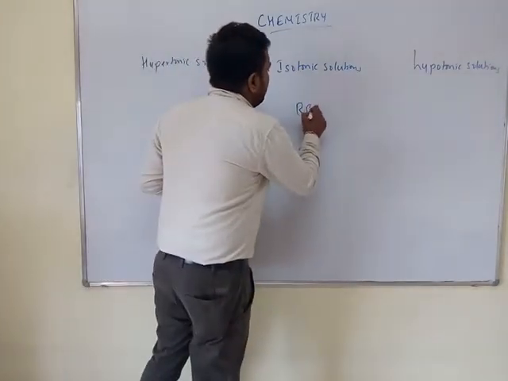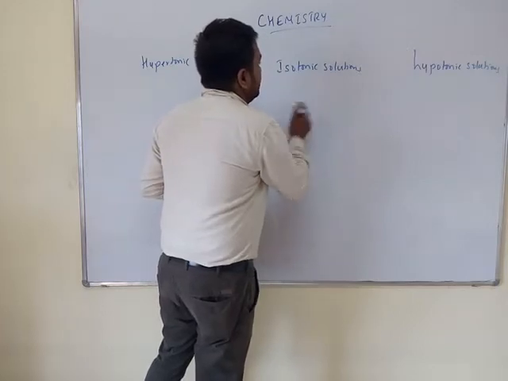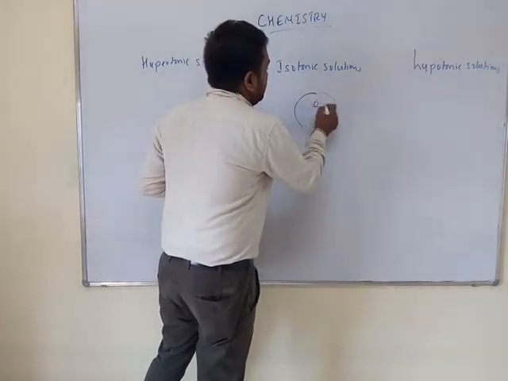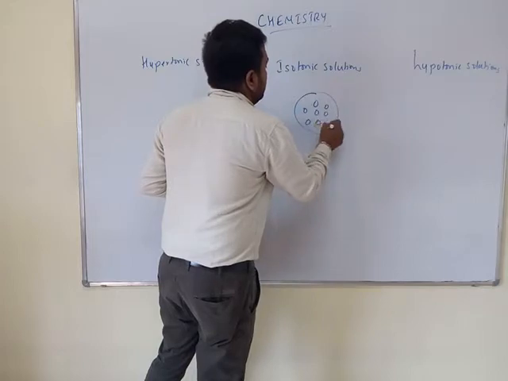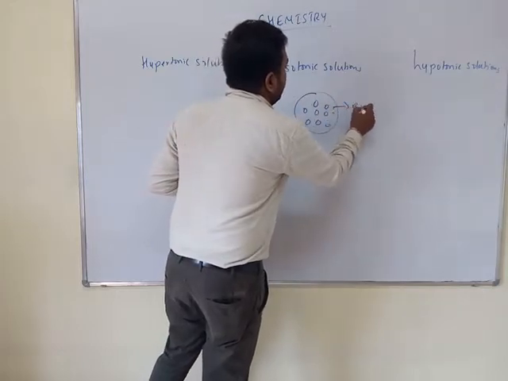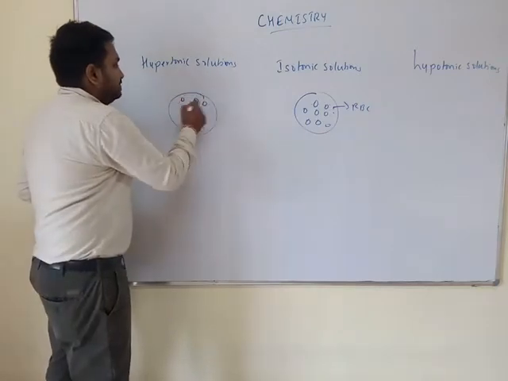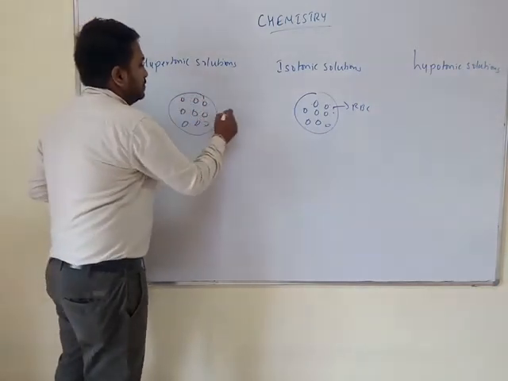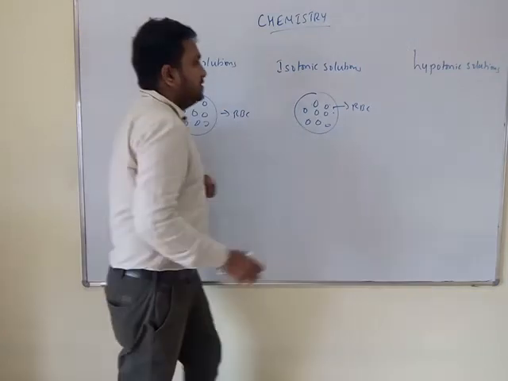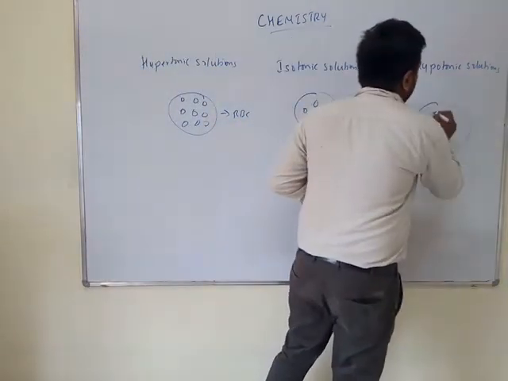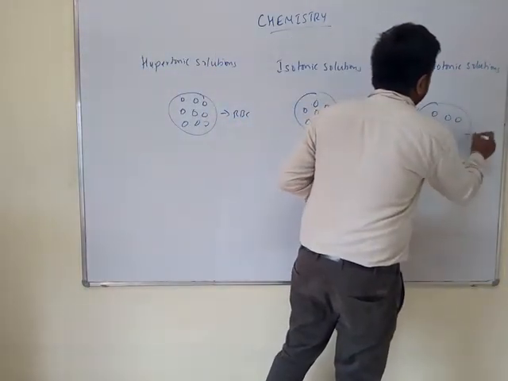Let us take red blood cells initially in a plate, clear? These are the red blood cells. We take them in three parts. Obviously over here and here also the same red blood cells we take.